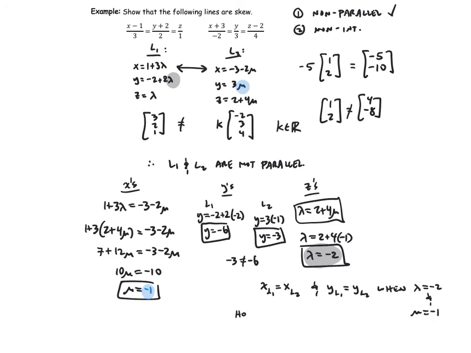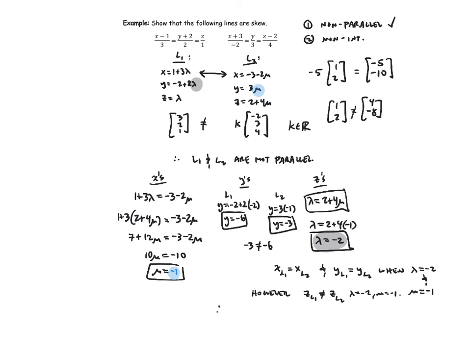However, the z for L1 is not equal to the z for L2 when lambda is equal to negative 2 and mu is equal to negative 1. Therefore, L1 and L2 do not intersect.